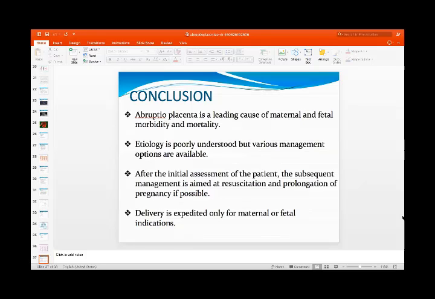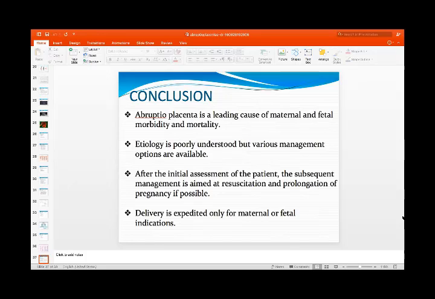Now, what is the conclusion of today's talk? Abruptio placenta is a leading cause of maternal and fetal morbidity and mortality.